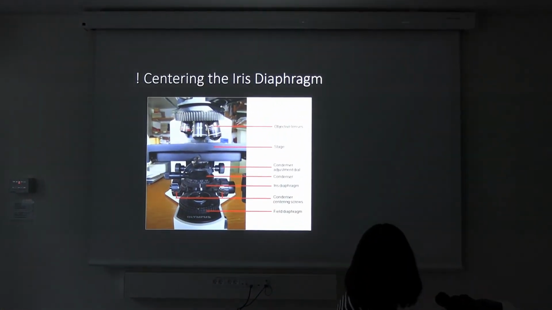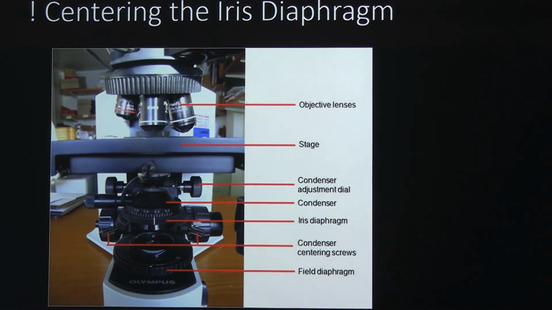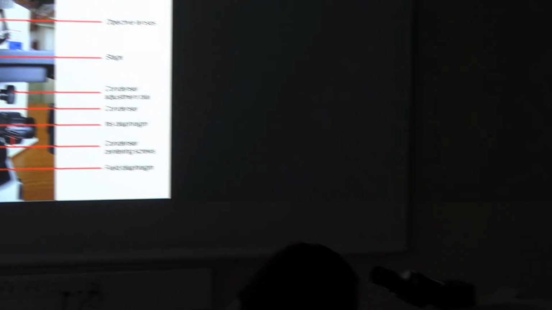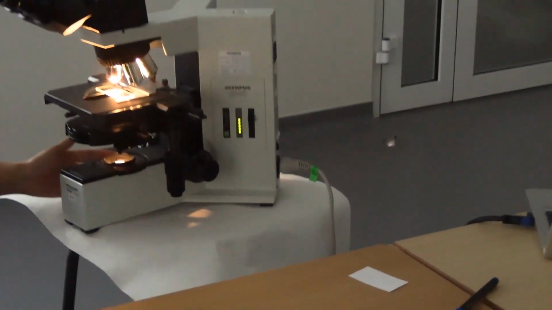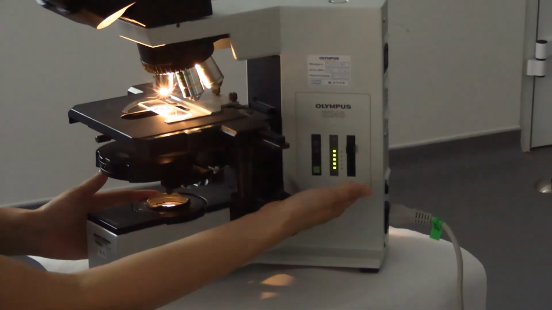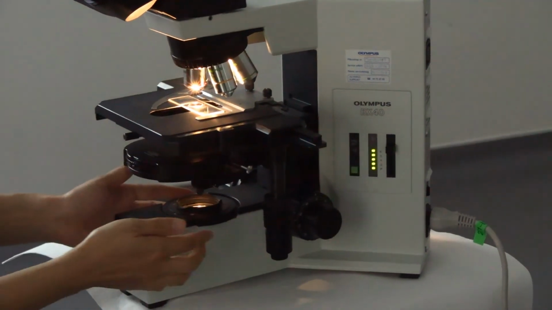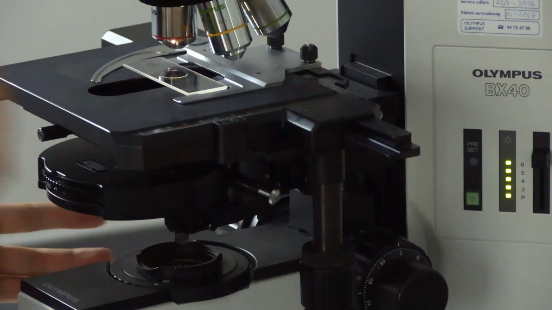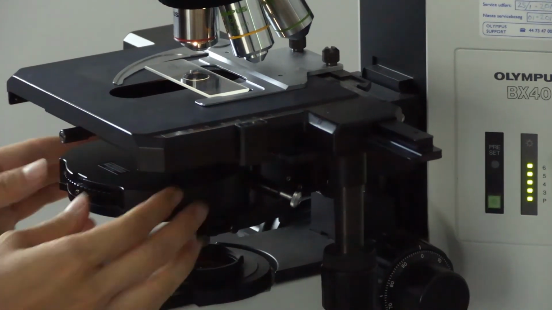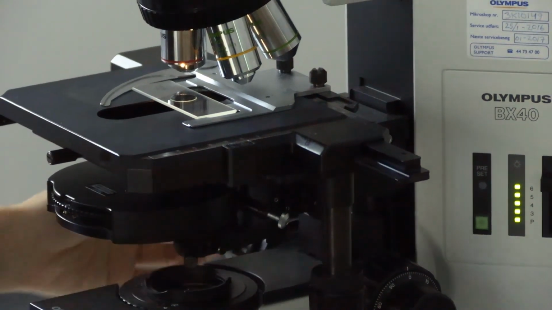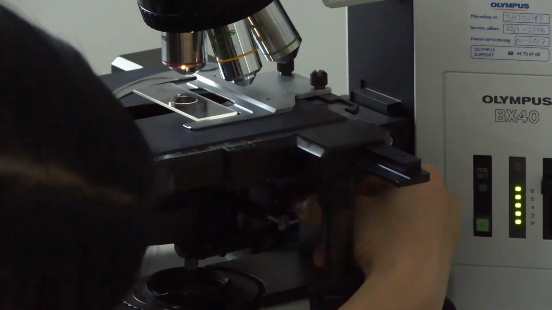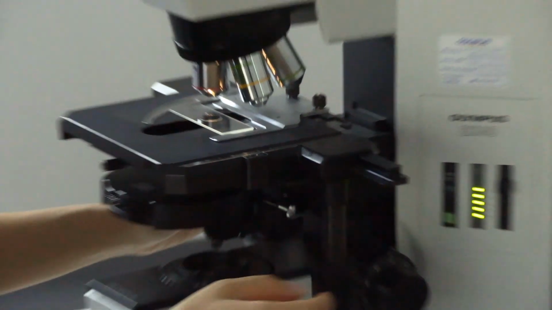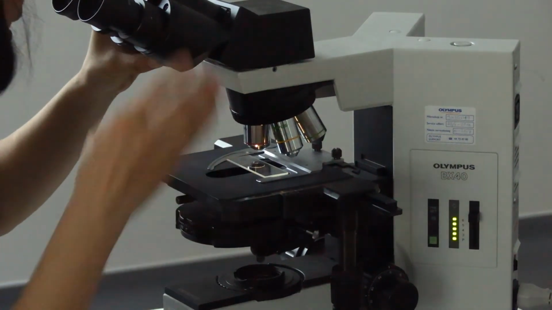Well, let's go back to centering the condenser. So here, let's start again. First, open the light to maybe the highest, and then turn the iris to the minimum size. And then use this screw here to move up, and look through the eyepieces.